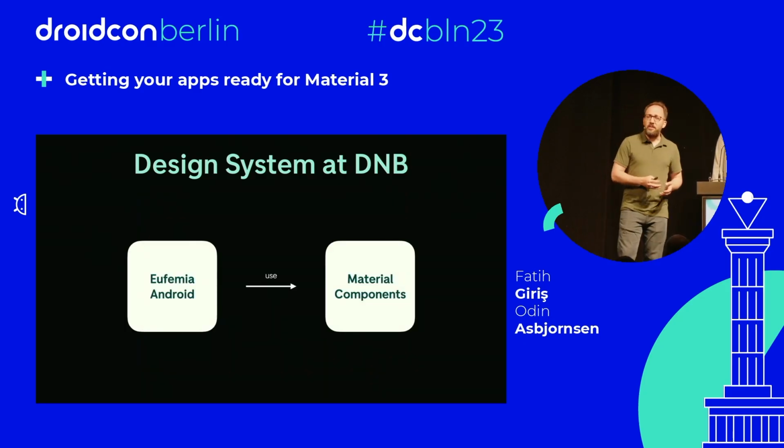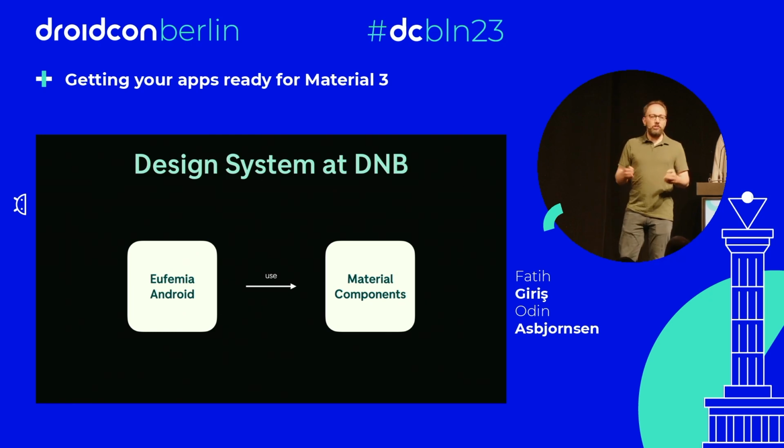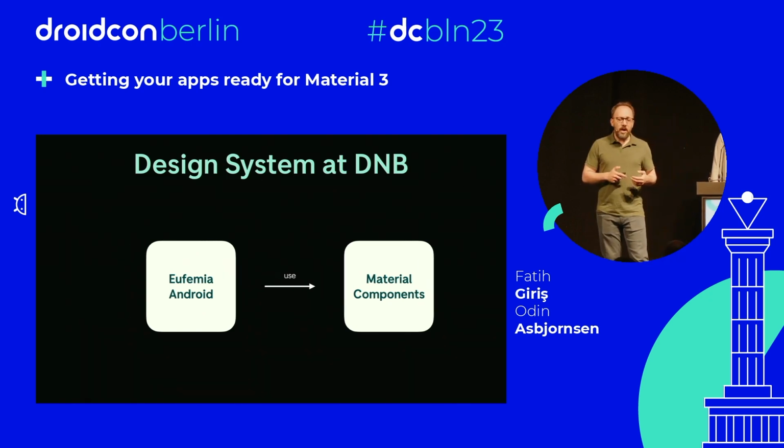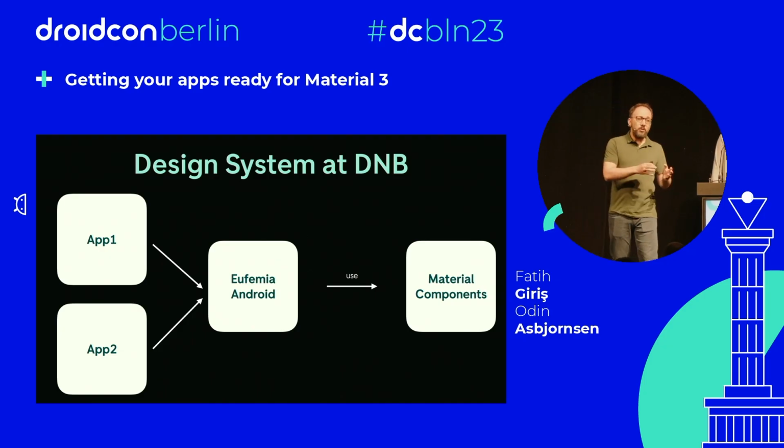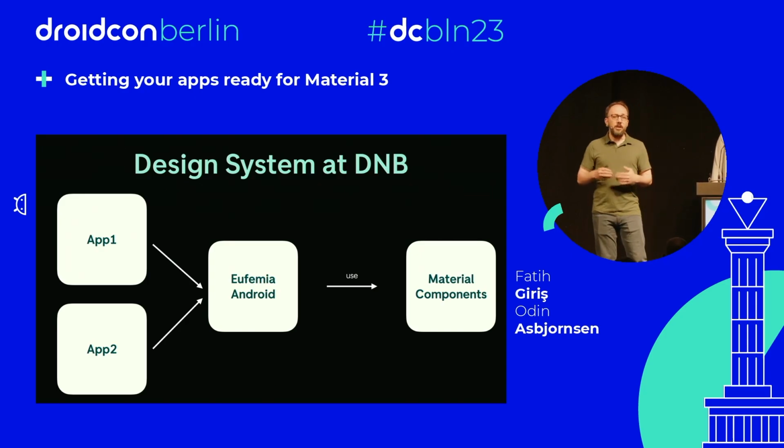On the Android side, in the mobile side, we have a library called Euphemia Android. Under the hood, it uses the material components. And how our apps work is that instead of directly using the material components and trying to handle all these guidelines inside the apps, which would of course break the consistency between the apps, we said that we need to have a library and share that library.